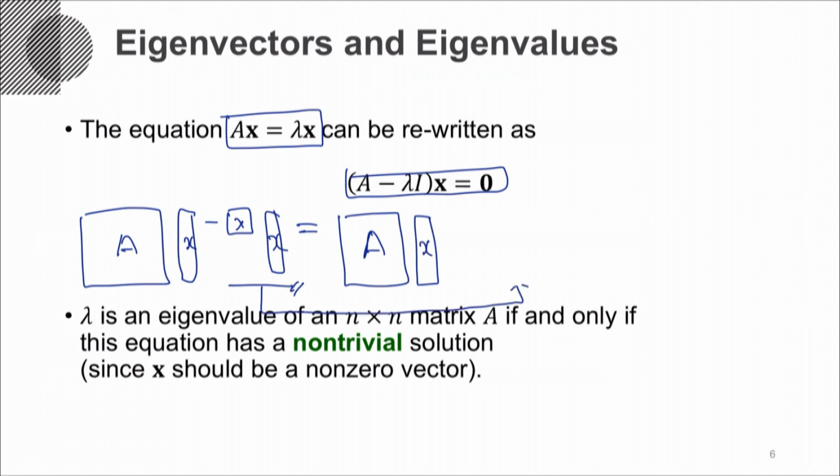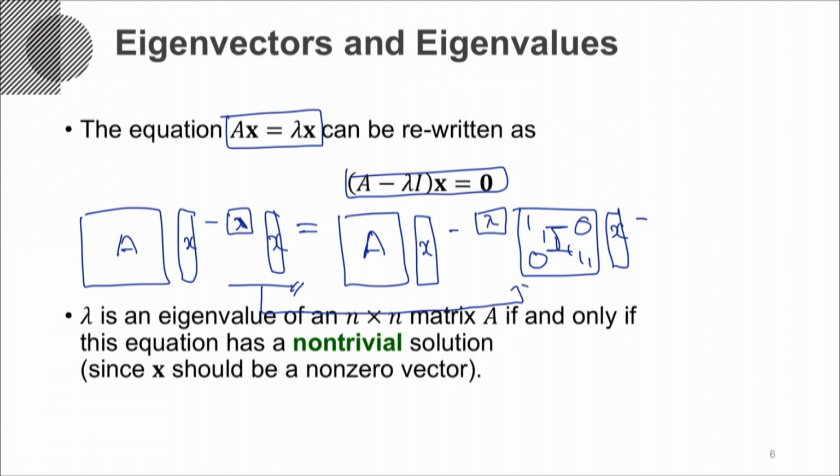Let's change this part, so this is lambda, and let's put an identity matrix in the middle, times x. This identity matrix just has all ones along the diagonal and zeros on the off-diagonal elements.